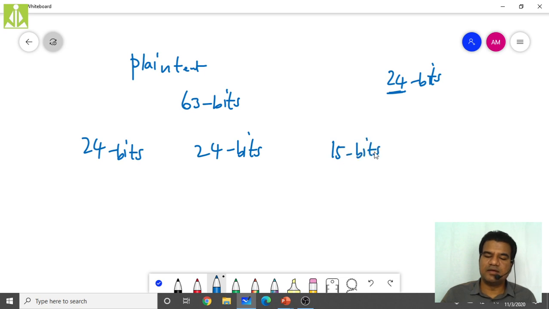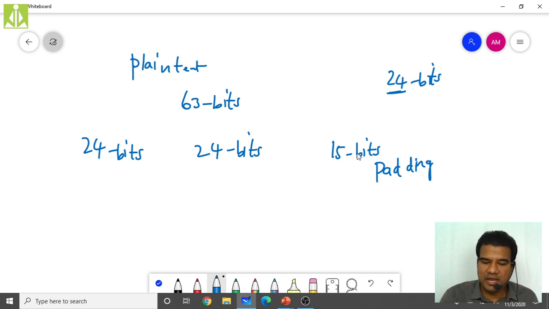15 bits left. Because we said all blocks should be of equi-size, we cannot take 24 bits, 24 bits and 15 bits. Whatever bits are left, we have to pad with extra bits, so as to make this block also 24 bits.